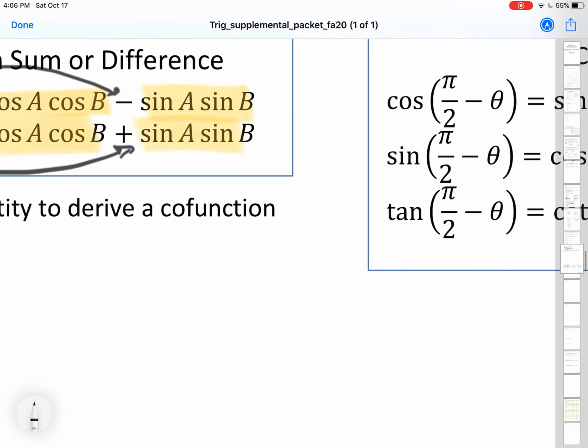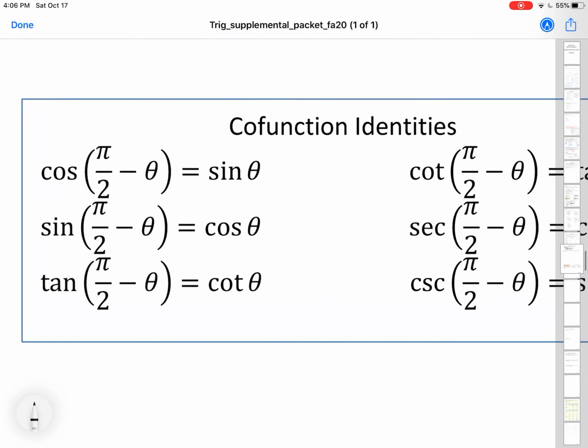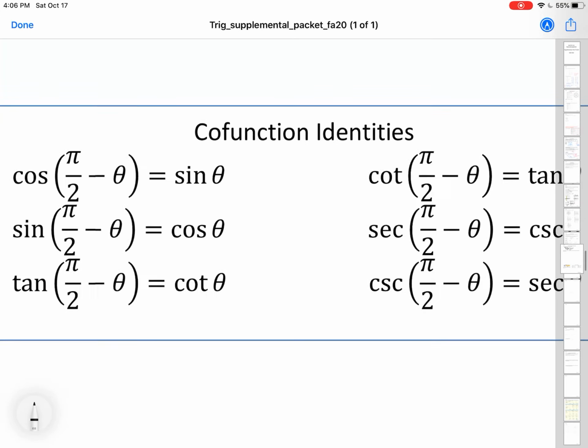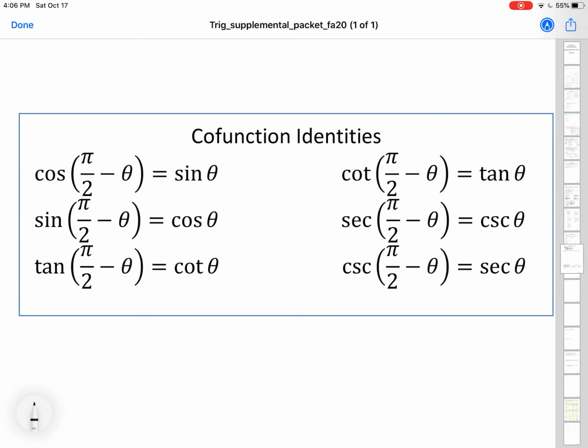And we have these cofunction identities as well. I don't know if you remember these cofunction identities, but we had them back in chapter 2, I think. And they're in degrees at that point, but 90 degrees minus theta. There was a question on your exam to use the cofunction relationships in order to get the value for theta.